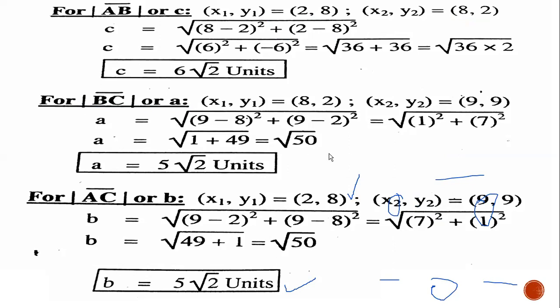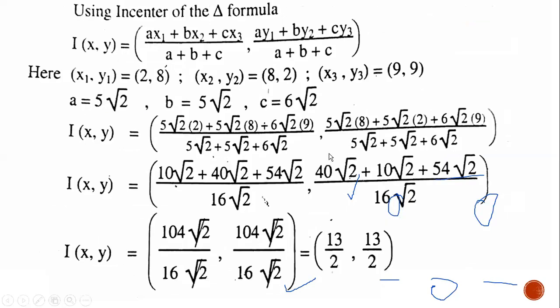Now we are in a position that using internal division formula, we will be able to compute coordinates of the in-center. So in order to find out in-center, first we have to write down the in-center formula, which is (ax1 + bx2 + cx3) divided by (a + b + c), and its y component is (ay1 + by2 + cy3) divided by (a + b + c).